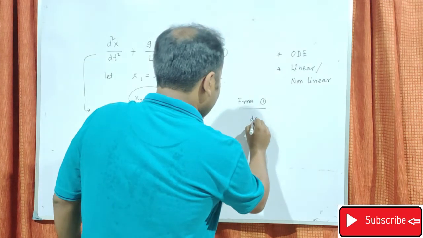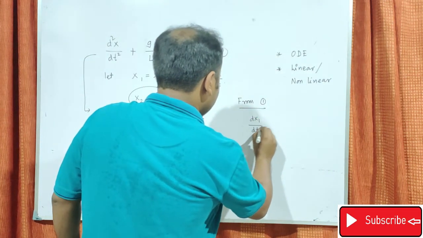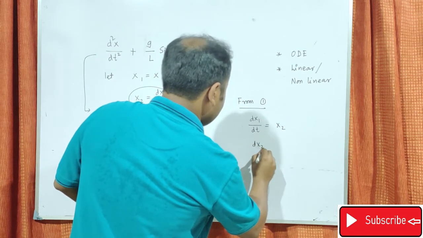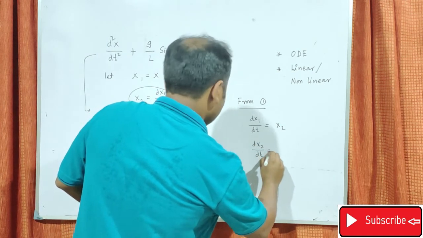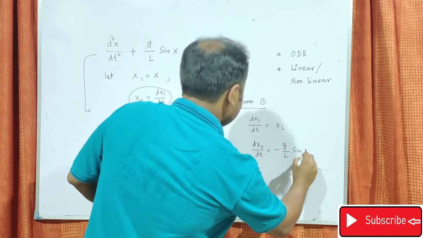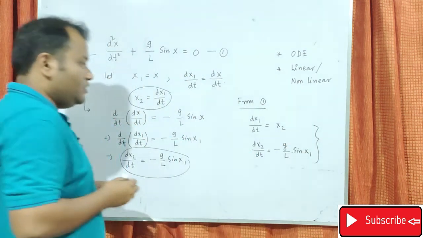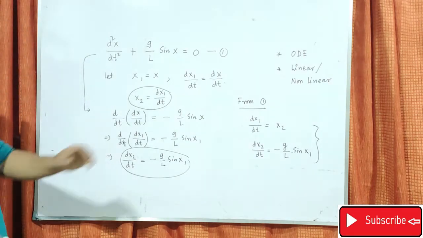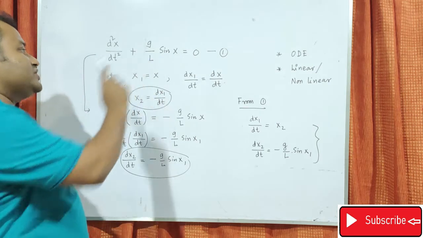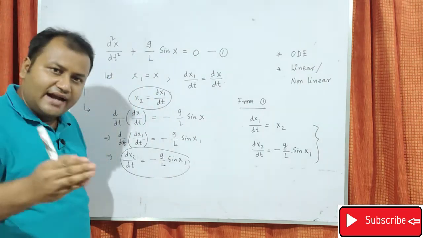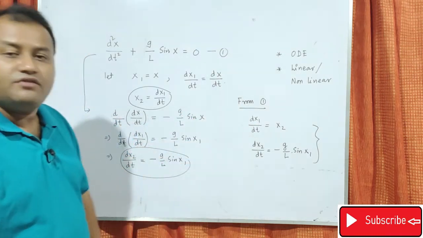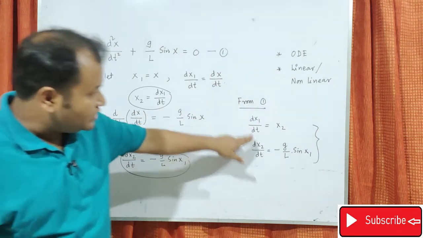One is dx1/dt equals x2, another is dx2/dt equals minus g/l sin x1. So basically this is a kind of parametric form. What we have done is, some equation was given to us, and we tried to write it in a system of equations form.